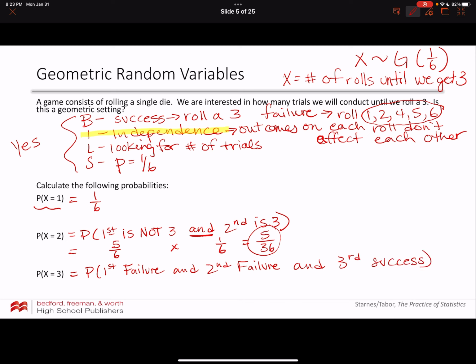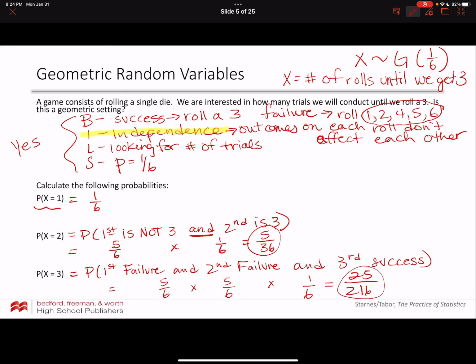So again, because these events are independent, we can multiply 5 over 6 times 5 over 6 times 1 over 6, right? And so that is, let me grab my calculator, 25 over 216.